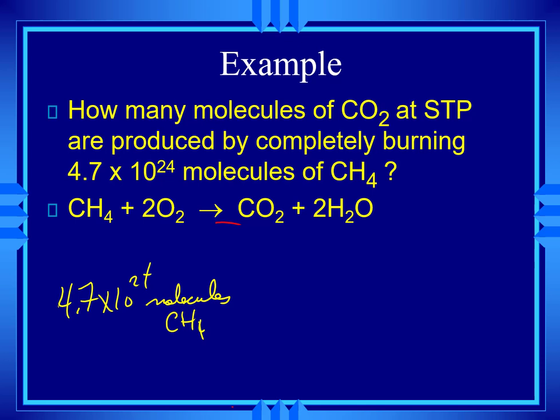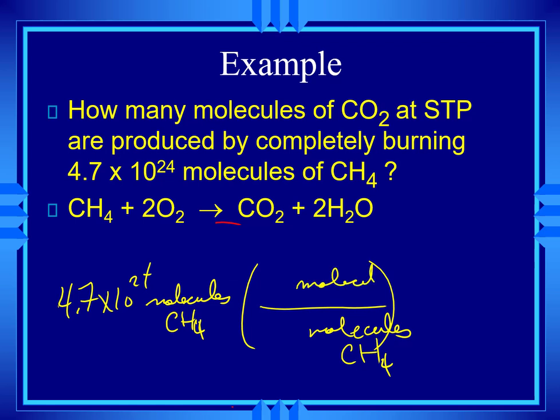Got it right this time. Change molecules to CH4. Normally go to moles, but I can go to molecules because I can read this equation as 1 molecule of CH4 will make 1 molecule of CO2. And that makes the math really easy.